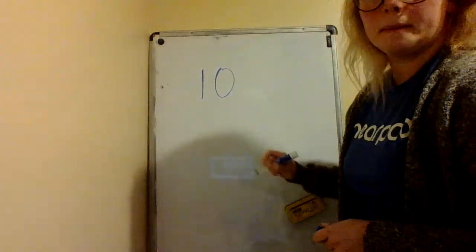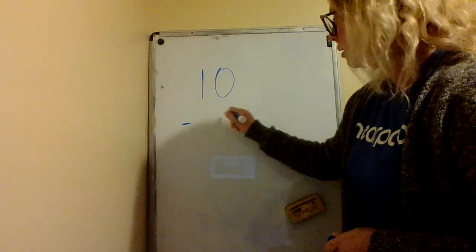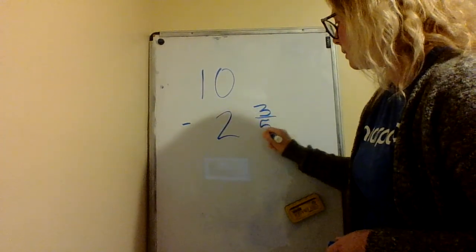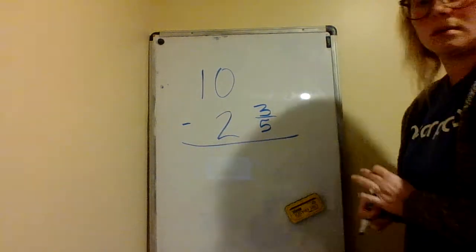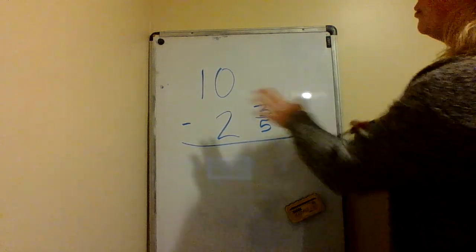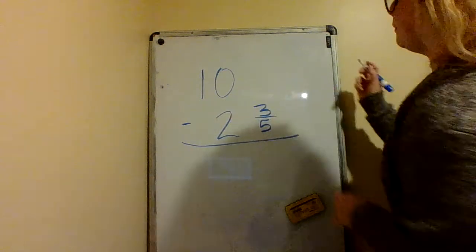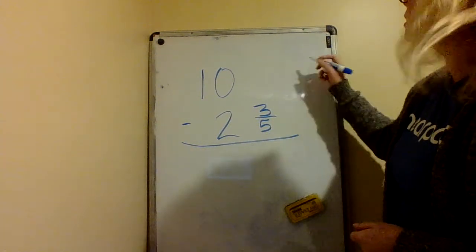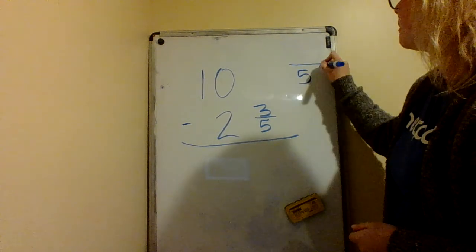10 wholes minus 2 wholes and 3/5. Okay, so we want to change our whole number to a fraction greater than 1. So we're talking fifths. So I'm going to keep my 5.